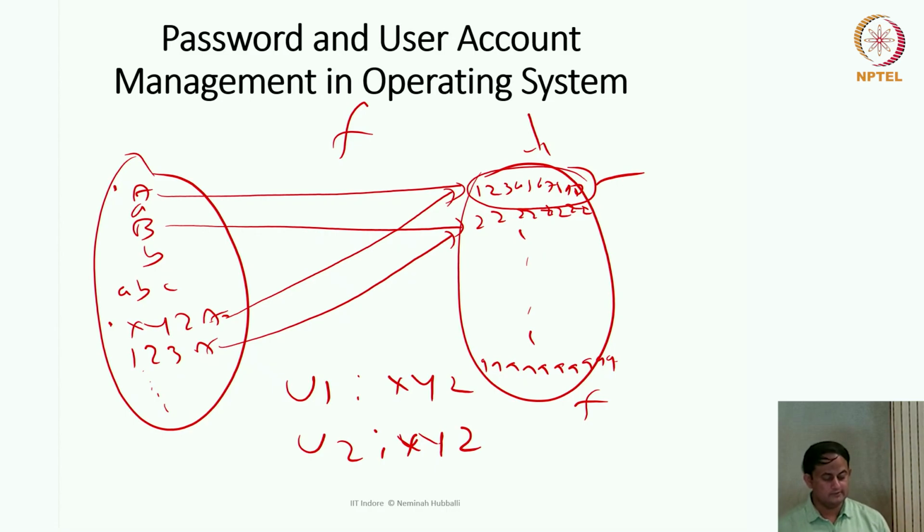Alternatively, this might be the hash value of the password corresponding to user 1, and some other user u2 has chosen some other password, and if its hash value is also this one, the password itself might be different, but the hash value does not tell you anything about the password because of this many-to-one mapping case.